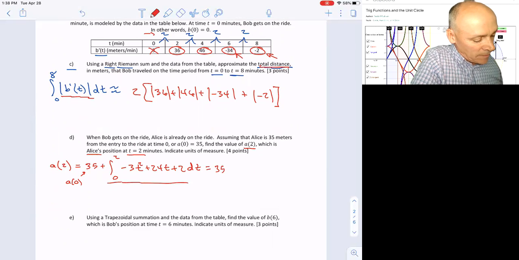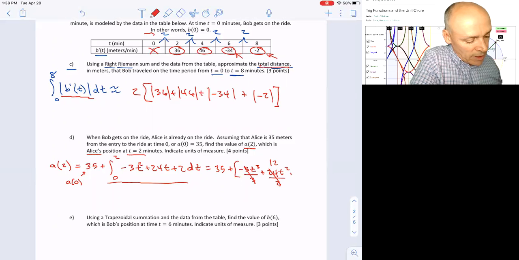So it's 35 plus the antiderivative, which is negative 3 t to the third over 3. That's going to cancel out my 3's, plus 24 t squared over 2 should be 12 t squared, plus 2t. Bring my bounds across.